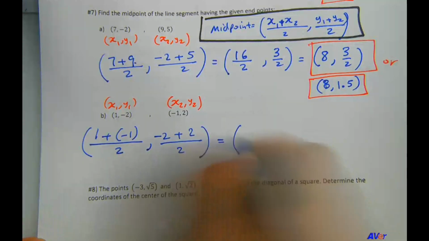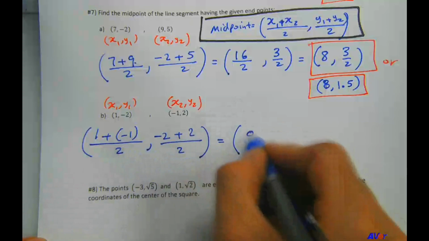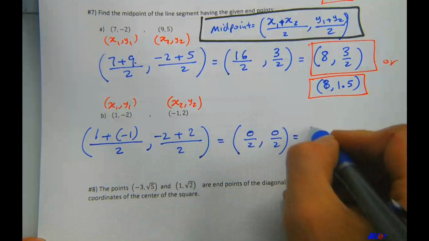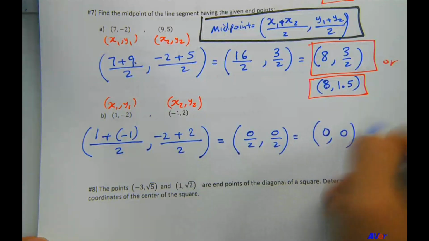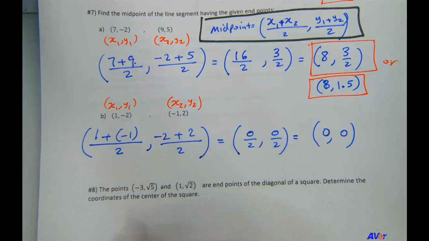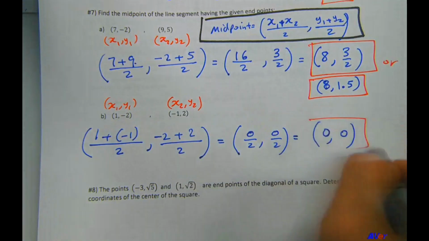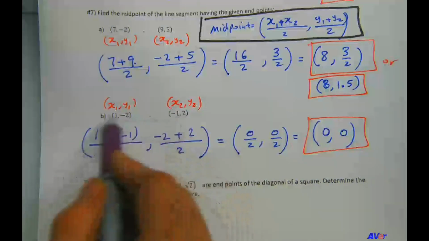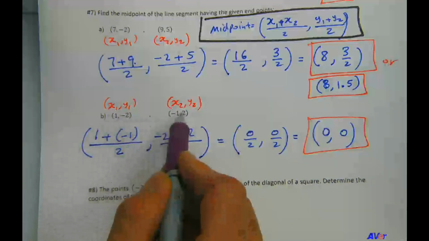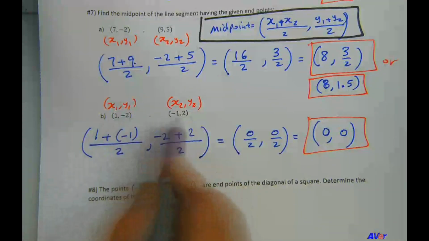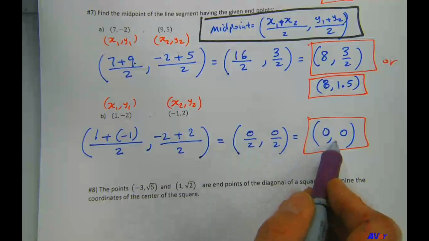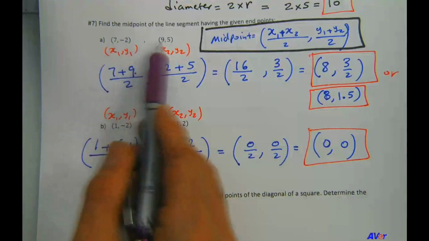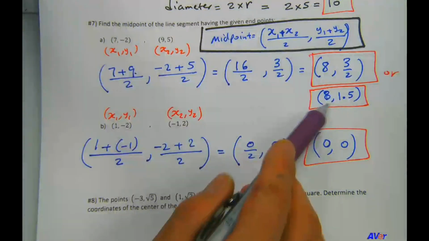So what do we get? 1 plus negative 1, 0 over 2, minus 2 plus 2, 0 over 2. We get 0, comma, 0. So the origin is basically the midpoint between these 2 points. The midpoint of the straight line that connects these 2 points has coordinates 0, comma, 0. Here, the midpoint of the straight line that connects these 2 points has these coordinates.